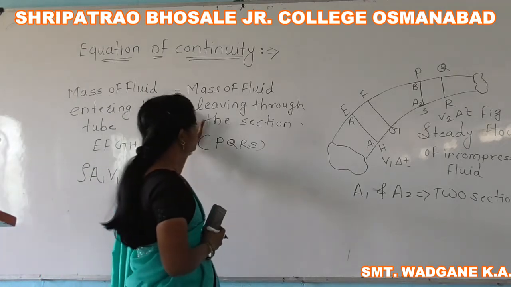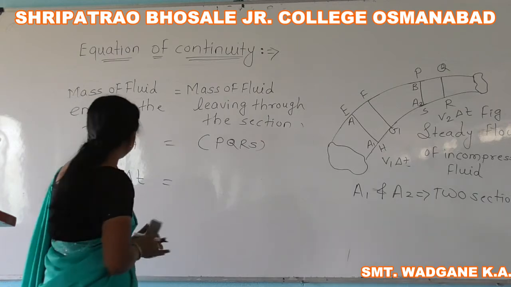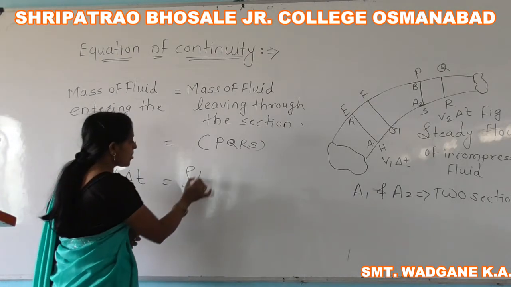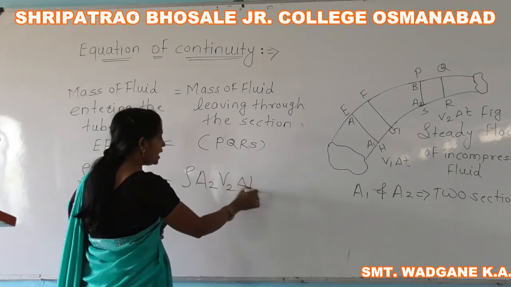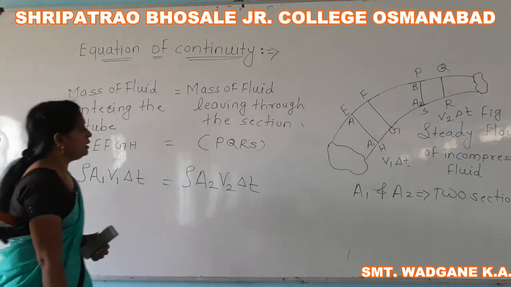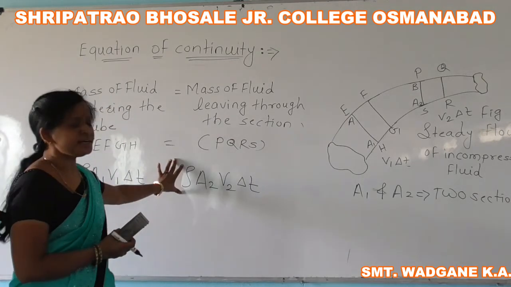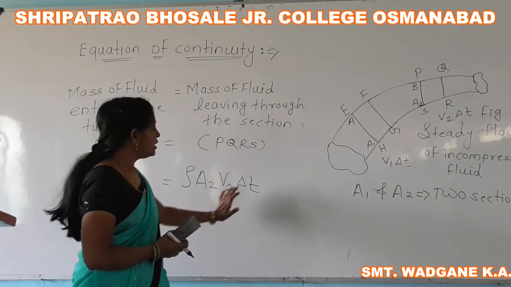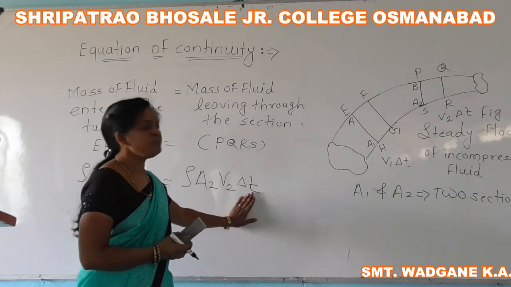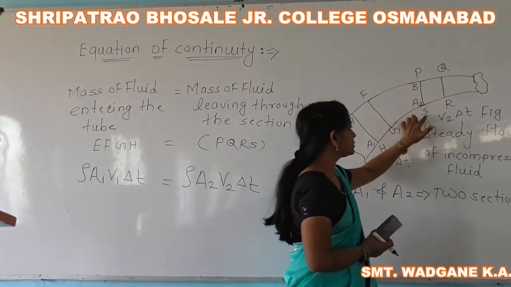Then the mass of fluid leaving through section PQRS is rho A2 V2 delta t, where rho is the density, A2 is the area, V2 is the velocity and delta t is the time, for the cross section PQRS.